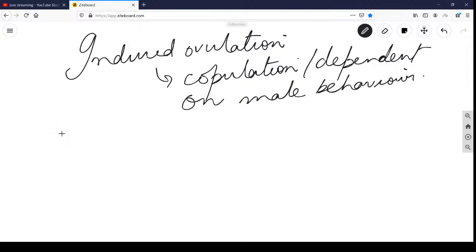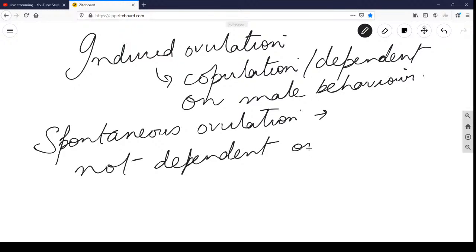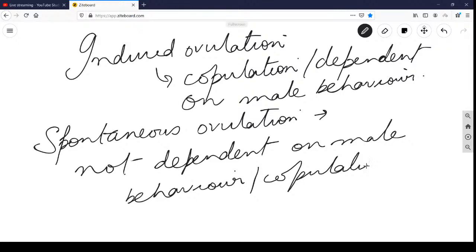Then you have spontaneous ovulation, where the ovulation is not dependent on male behavior or copulation. So these are the two types.